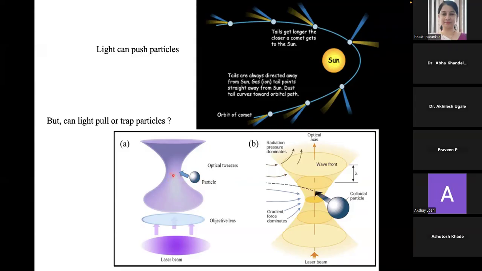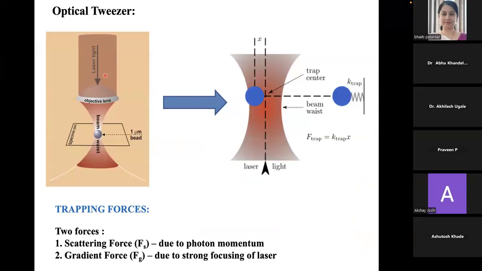Okay, so now let's try and understand what exactly is happening in an optical tweezer. In an optical tweezer, if the bead is ever so slightly displaced, then due to the refraction of light through the bead, you will have almost a harmonic trap, which will try to pull the bead towards the center of the laser spot.